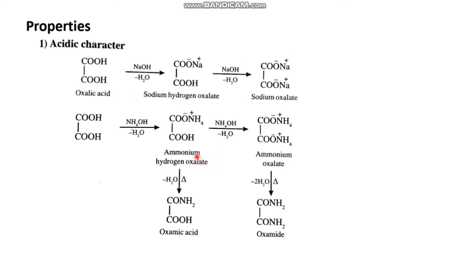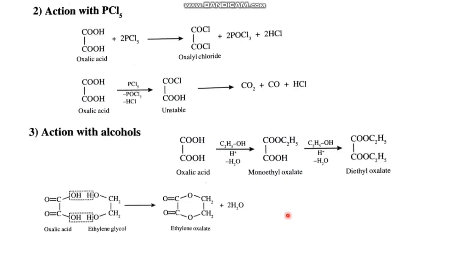When we heat ammonium hydrogen oxalate, we get oxamic acid, CONH2COOH. Similarly, when we heat ammonium oxalate, we get oxamide, CONH2CONH2.